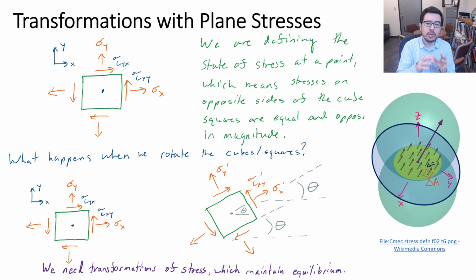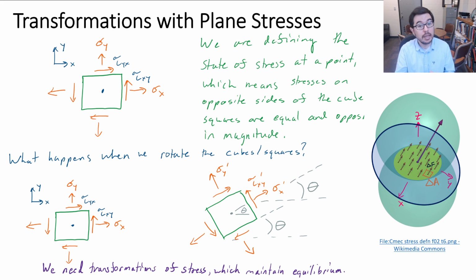So what we're doing is creating a tool where we can rotate a planar element and look at how the depiction of stress looks if you cut or do slices at different angles. That's pretty much what we're getting at here.